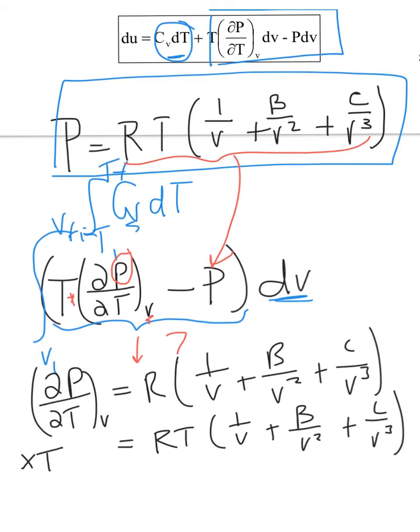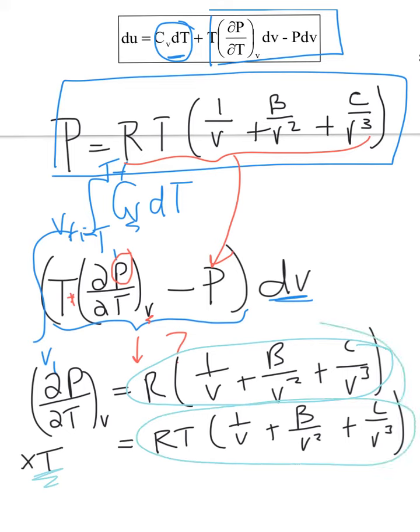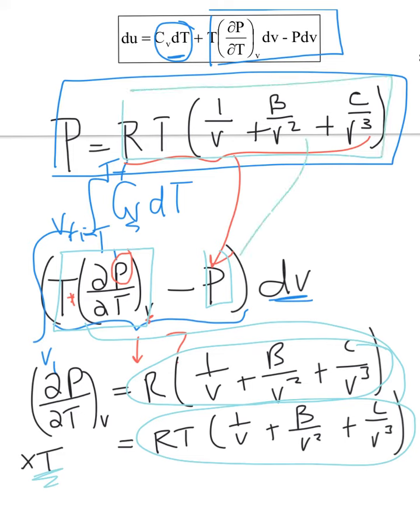So after differentiation, we obtain this equation that we multiply by temperature, and this expression can now go back to replace this first part of that equation. And of course, for pressure, we can substitute that equation for pressure.